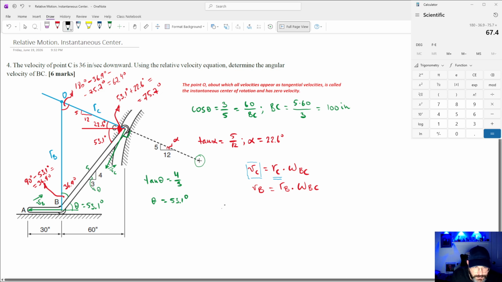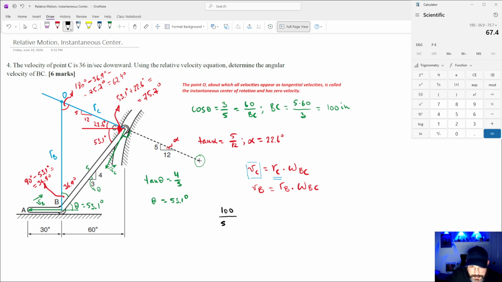We're going to apply the sine law, and we have 100 divided by sine of 67.4, and this is equal to our RC divided by sine of 36.9.